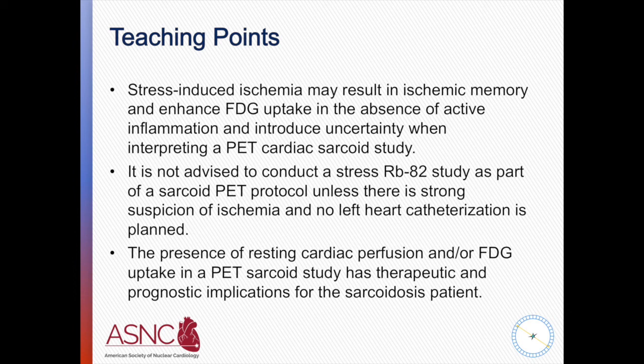Conversely, if you have a patient who has no FDG uptake but a significant perfusion defect at rest, that's a patient in more of a fibrotic phase, and the benefit of immunosuppressant therapy at that point might be questionable. That's from a therapeutic standpoint. From a prognostic standpoint, clearly the outcomes of patients who had either of these findings are worse than those who have none of them.